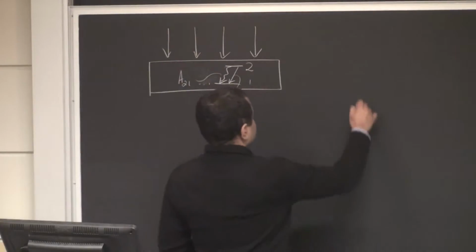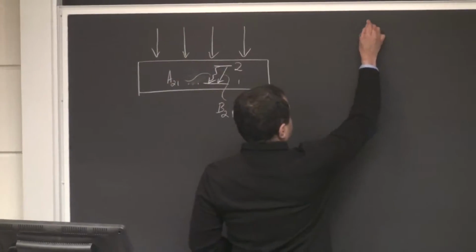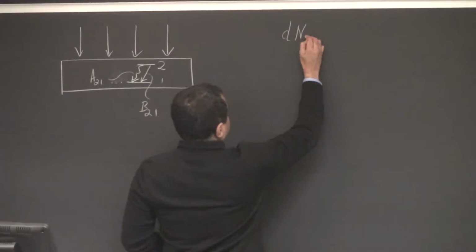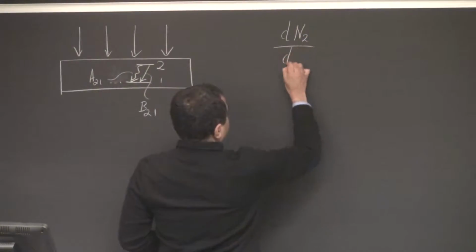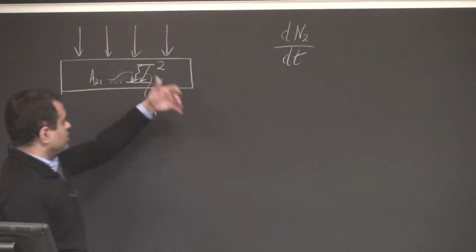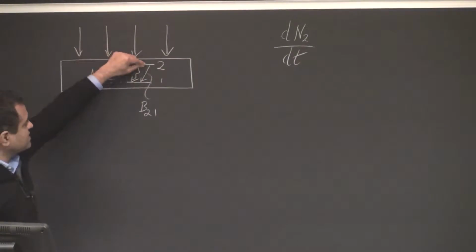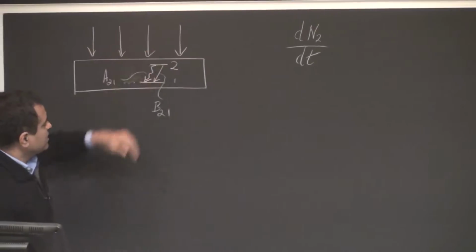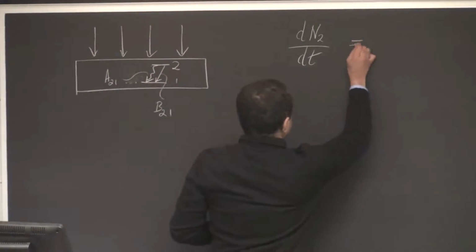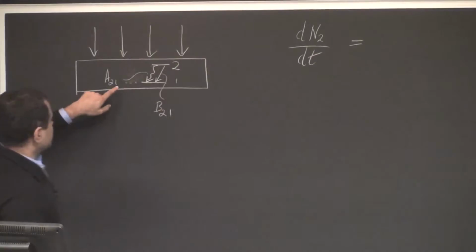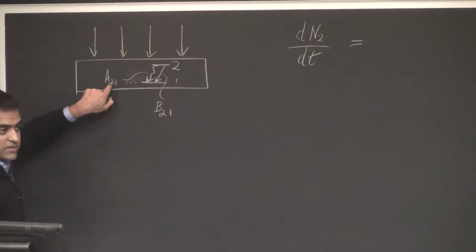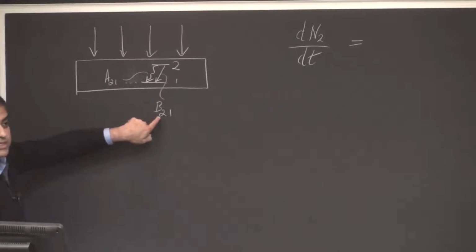And just based on that, what I can write down is the rate of change of the number of occupied states in state 2. It is equal to a decrease because of spontaneous emission and a decrease because of stimulated emission.